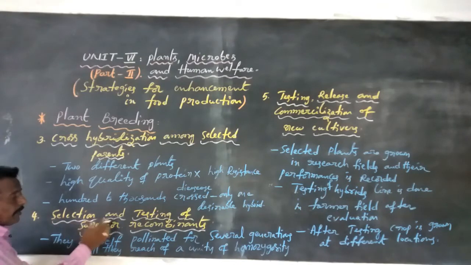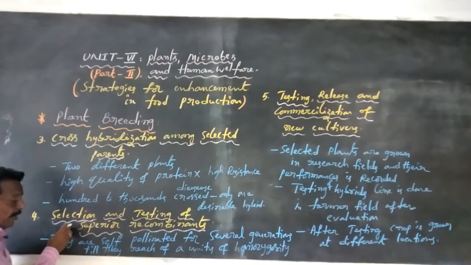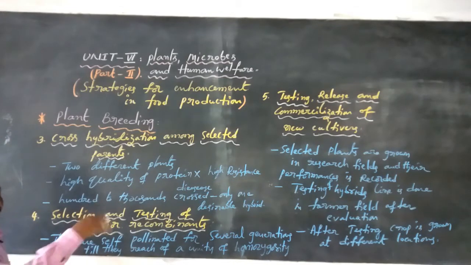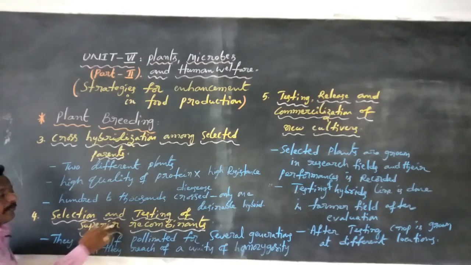That is the superior recombinants of plants. Finally, only one desirable hybrid plant results, which has both parental characters. That is named superior recombinants.